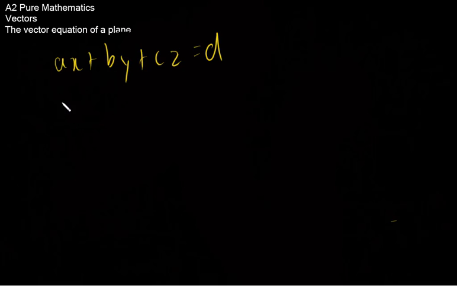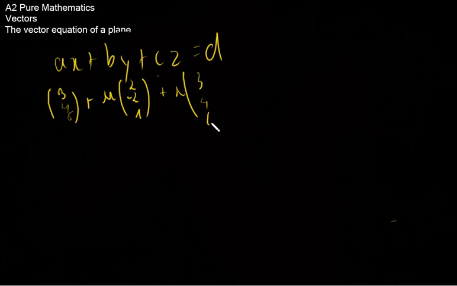Let's take an example of a vector equation: (3, 4, 5) plus mu of (2, -2, 1) plus lambda of (3, 4, 6). Let's try to solve this.